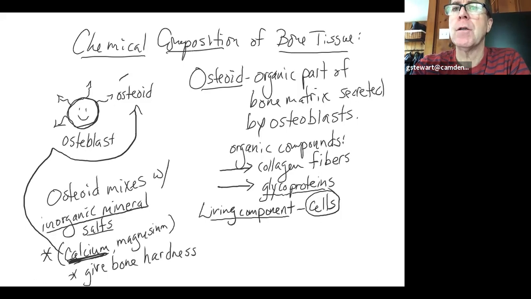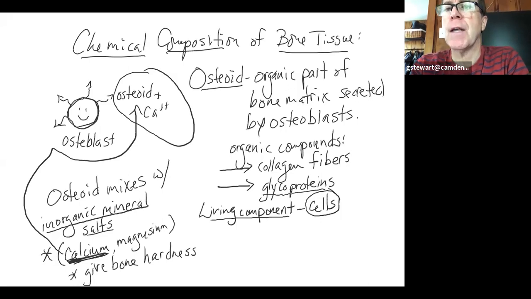And when osteoid mixes with calcium that we've ingested, I just wrote Ca++, that signifies a calcium ion, then it turns hard. So osteoid plus calcium gives us a hard matrix. It's a mixture.